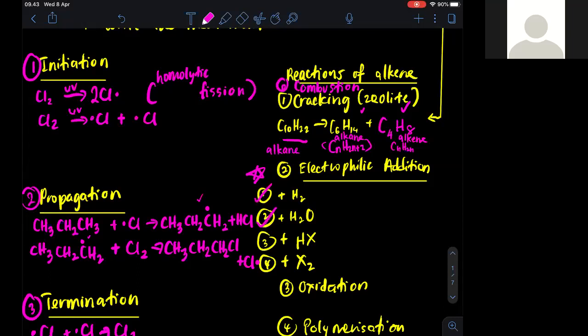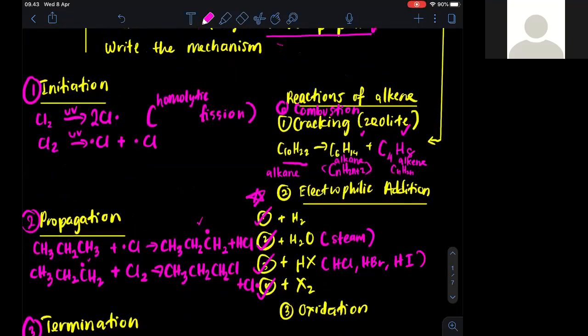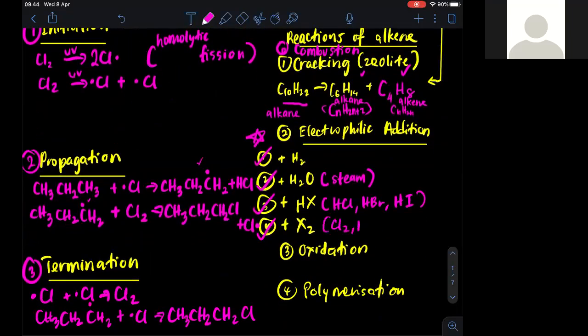Second is addition with water, but not water in liquid form, it's going to be steam, meaning it must be in gaseous form. Then addition with HX, and the last one is addition with X2. HX is HCl, HBr, HI, and X2 will be the same as Cl2, Br2, and I2.